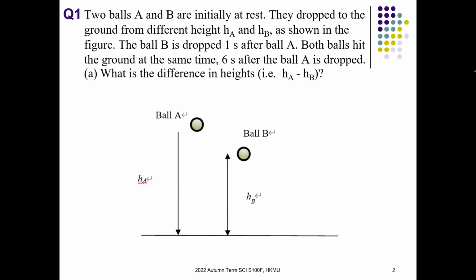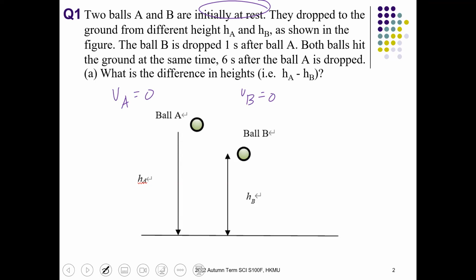In question one, suppose we are dropping two balls, ball A and ball B, at some point. Both of them are initially at rest, so that UA equals 0 and UB equals 0. They are at different heights from the ground, HA and HB.